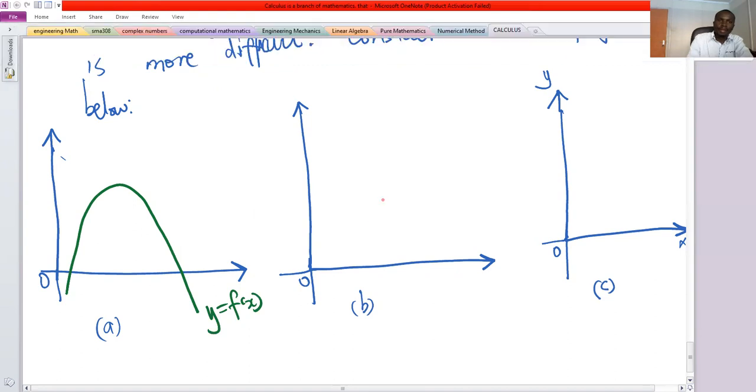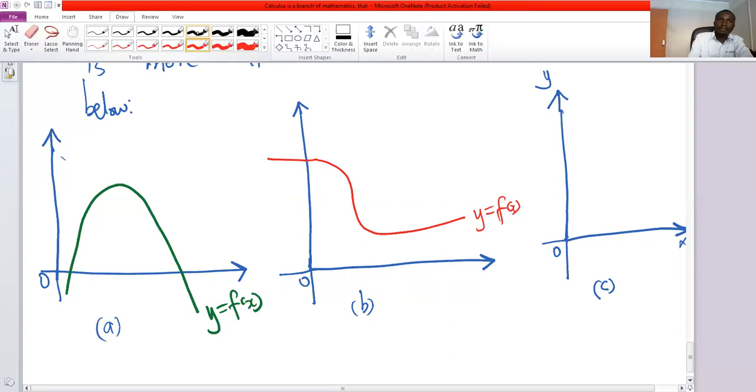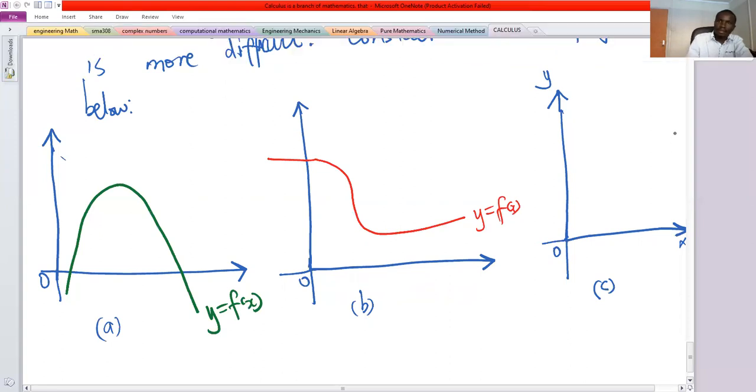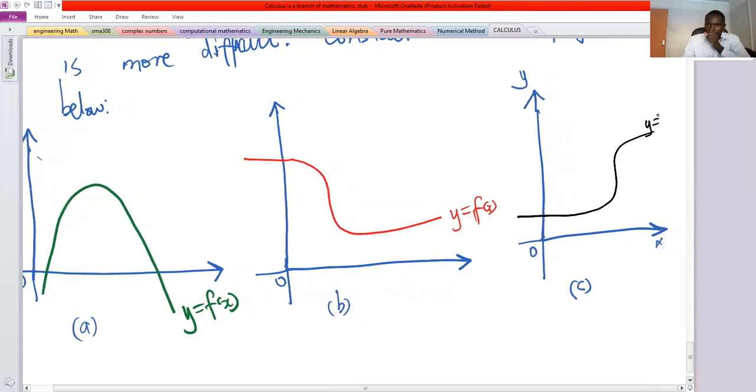In B, let me have this kind of a curve, y equals f of x. And in figure C, let me have this, y equals f of x.